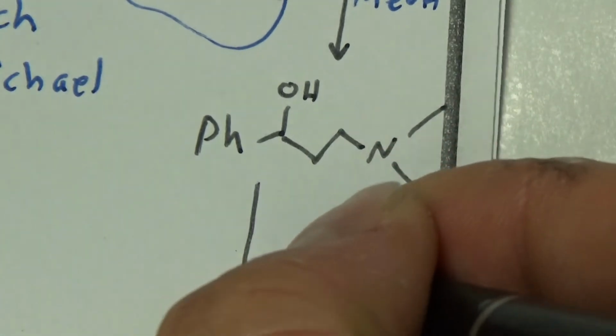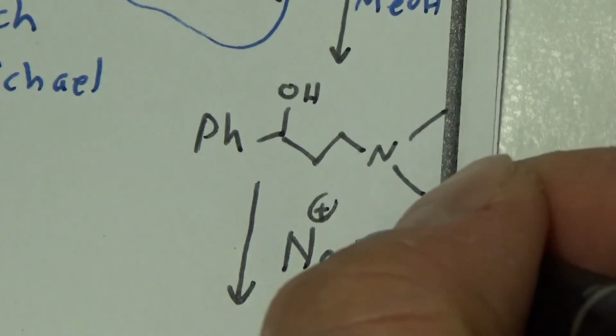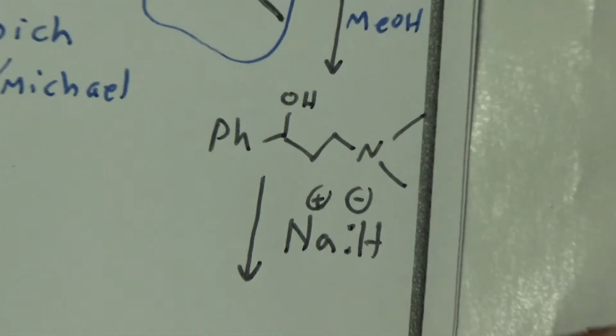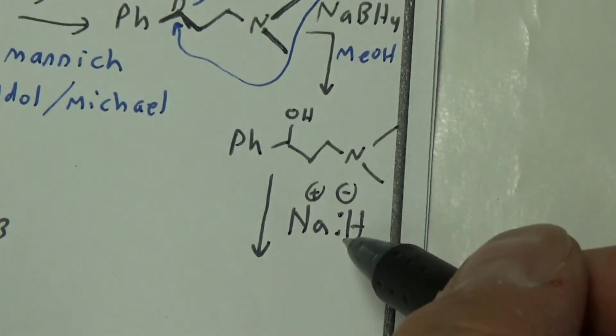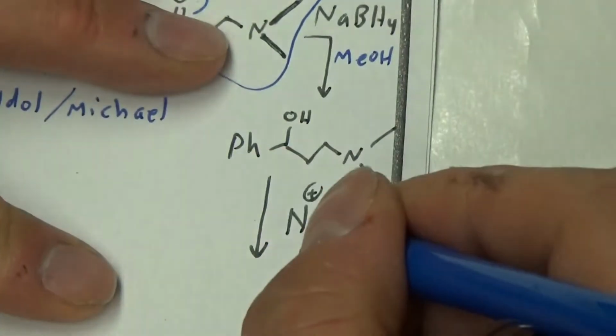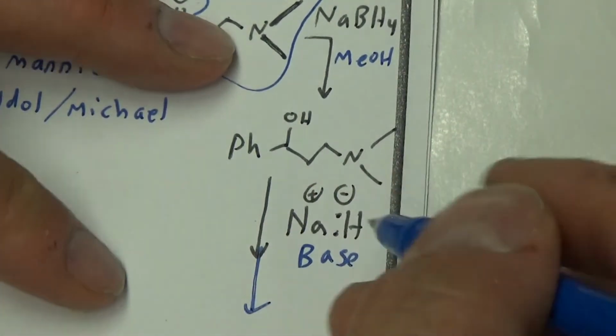They react with NaH. NaH, what does that do? NaH is a super base, and it's just going to rip off the proton from the alcohol. It's a base. It's another H minus.